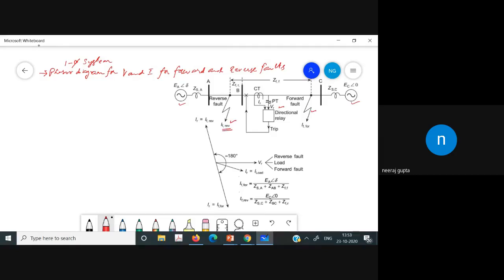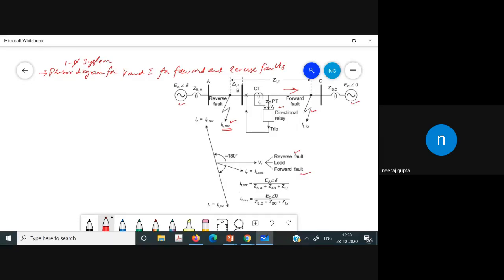That is, behind it is the reverse fault, and ahead of it is the forward fault. And here it shows the phasor diagram of the voltage and the current at the relay location during the normal load conditions, the reverse fault conditions and the forward fault conditions.